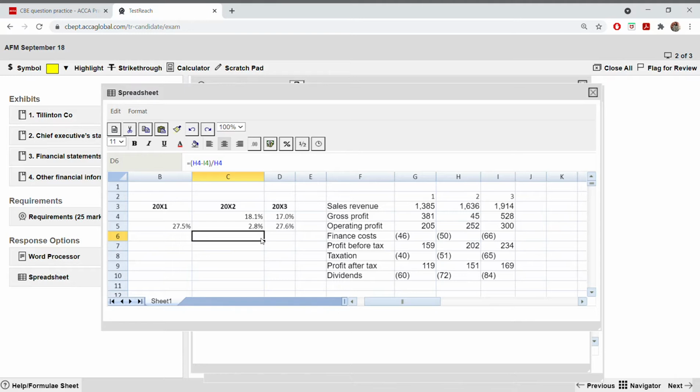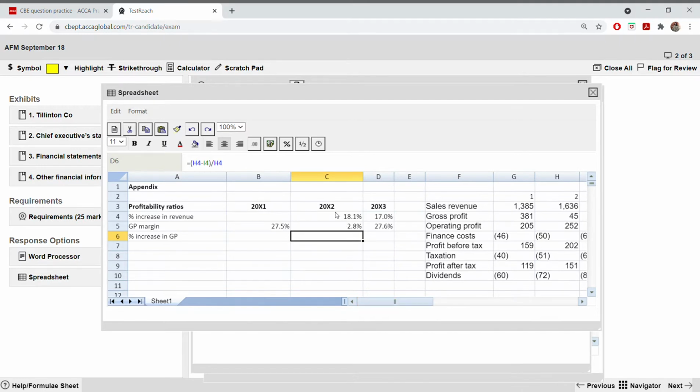What is the percentage increase for sales revenue when we took?